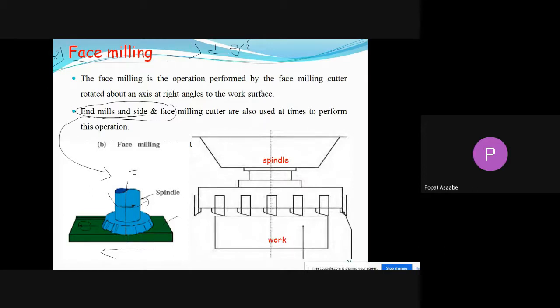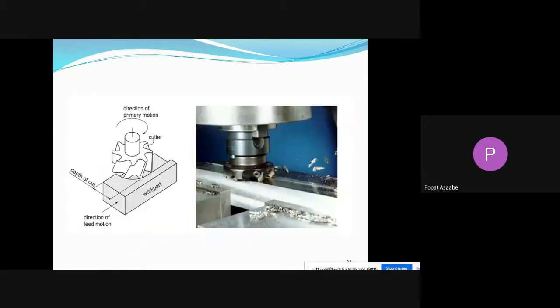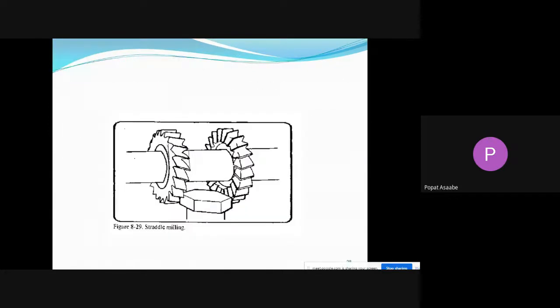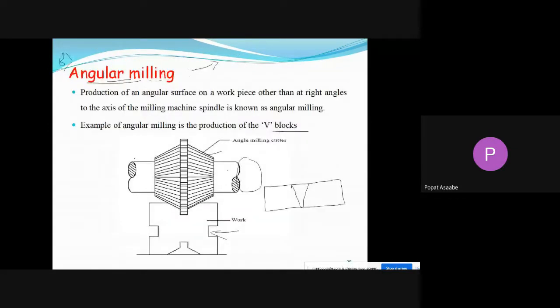Then the third operation we have seen is angular milling. What is meant by angular milling? With the help of this milling operation, we can produce angular machining on your workpiece. For example, a V-block we can generate on your workpiece with angular milling.